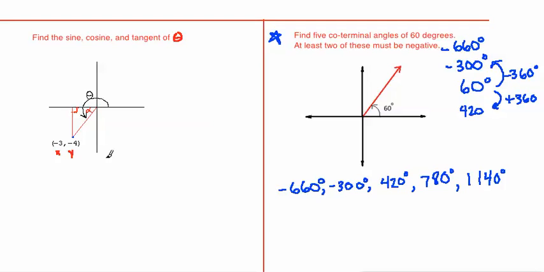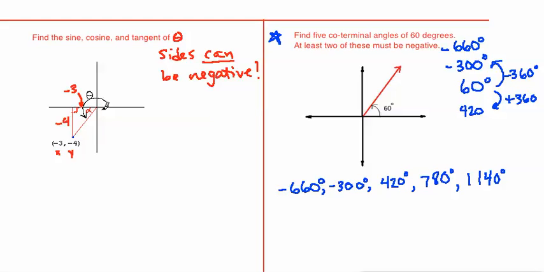Now your side lengths can be negative. Sides, in this case, can be negative. And that indicates the direction. So our x value here is -3. So this side length is -3. The y value is -4. So this side length is -4.